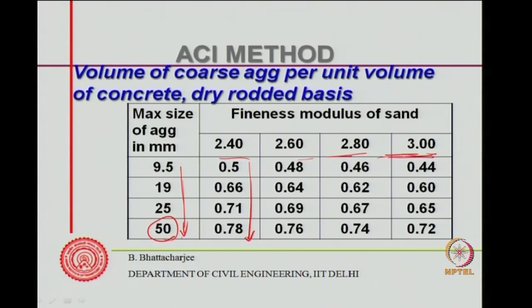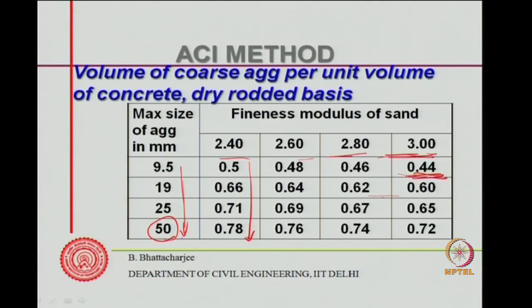So, coarse aggregate volume reduces as I go along this direction. In fact, the overall proportion of the sand increases, because the coarse aggregate proportion is reducing, because sand itself has a better packing, and the larger sizes are also there. So, it fits into the overall grading better.